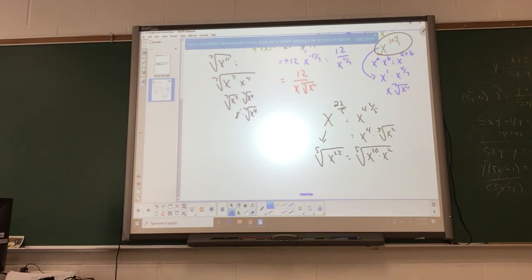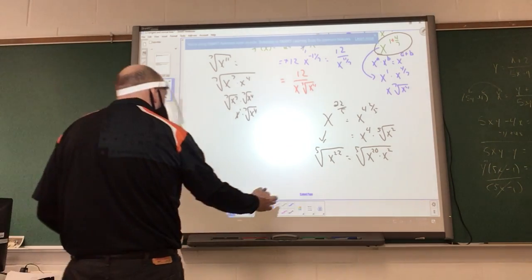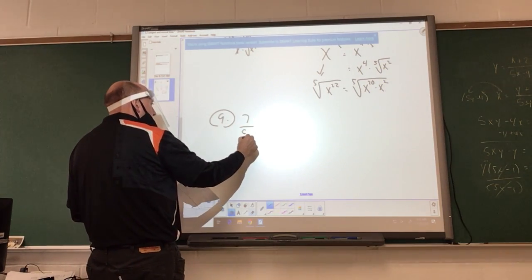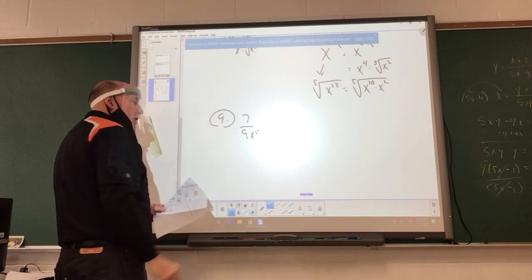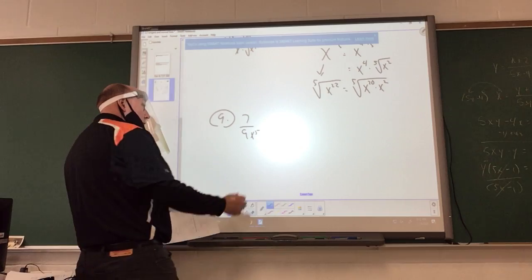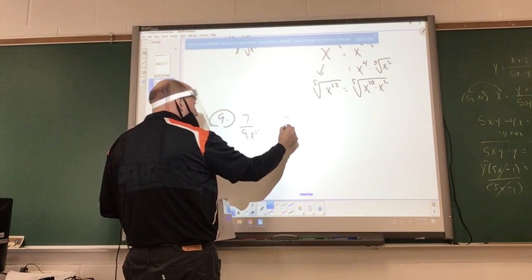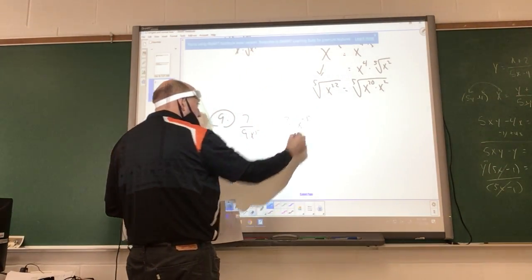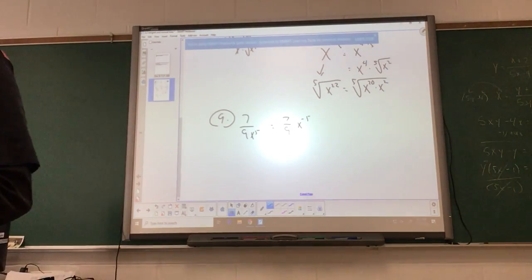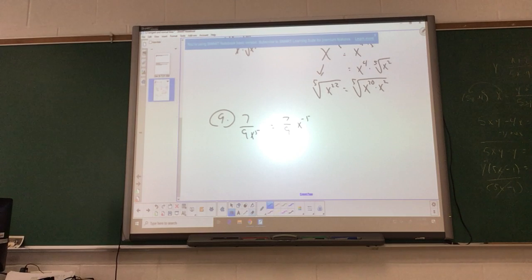If you take a look at problem number 9, we have 7 over 9 x to the 5th. I could just take this out front or take it up top. So I have 7/9 x to the negative 5th power. Now I can apply my rule. Take my negative 5 times 7/9, negative 35/9.